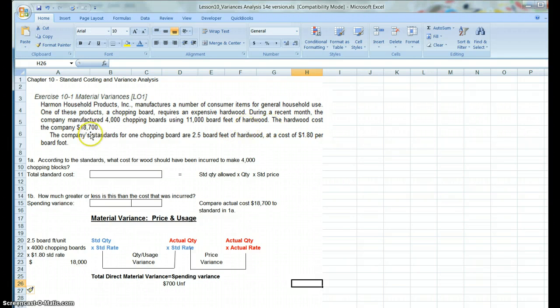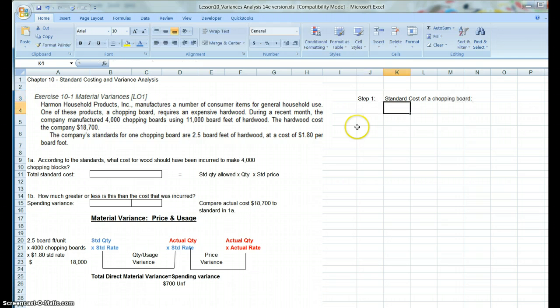The hardwood cost the company in total $18,700. The information given to us is that the standard for one chopping board is 2.5 feet. So what we're going to do is take step one and calculate the standard cost of a chopping board.